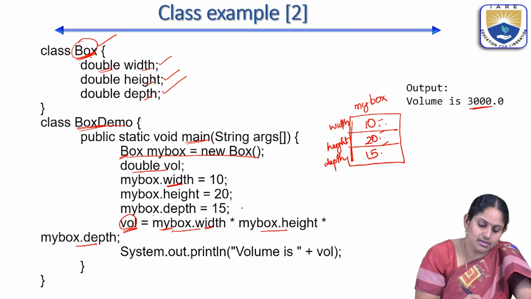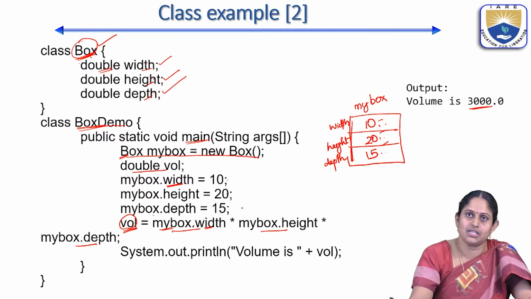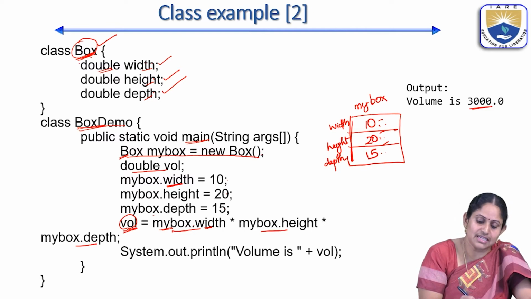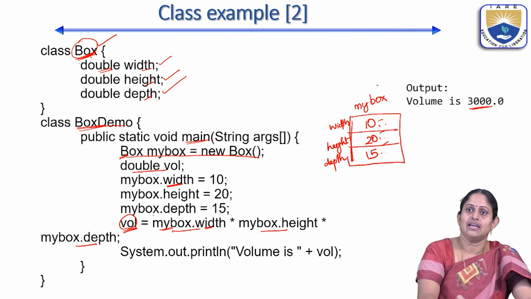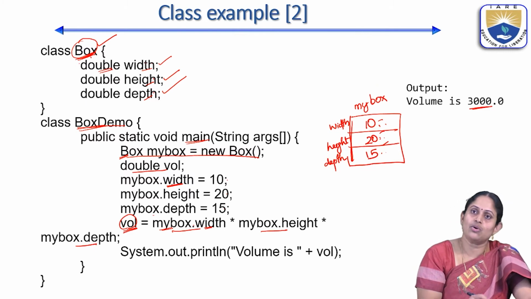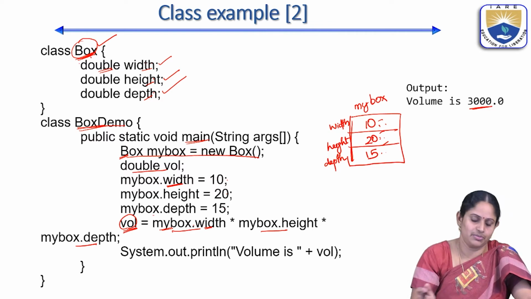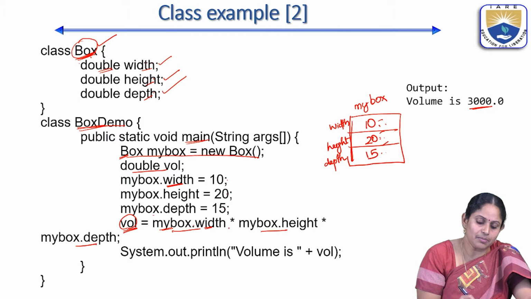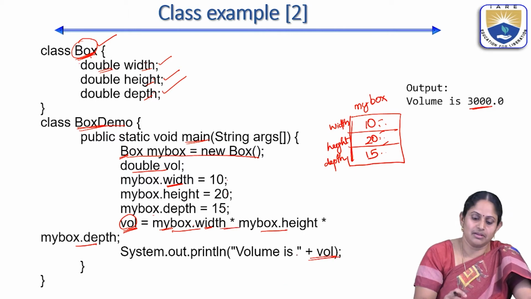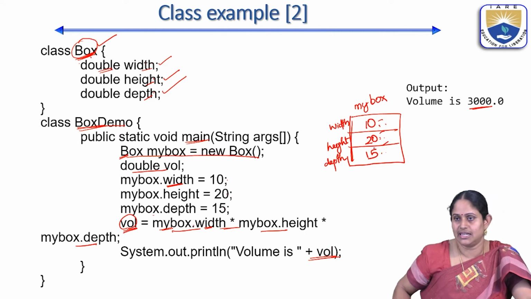So this is how we are creating an object. Whenever an object is being created, memory will be allocated for it, and we can store values into it and retrieve values from that object. After performing the product, we are displaying the content as volume, the product of height, width and depth.